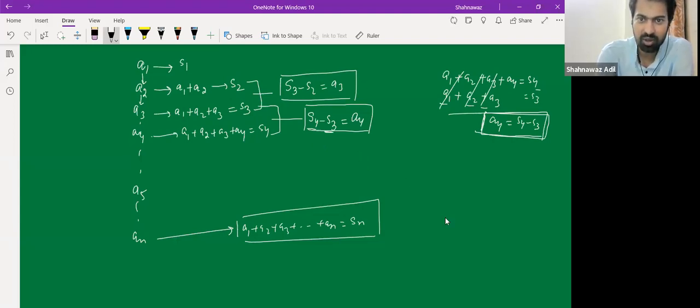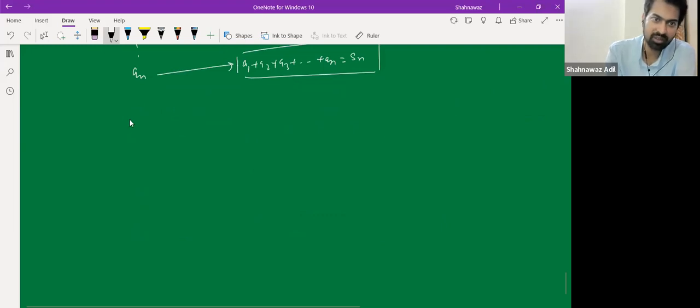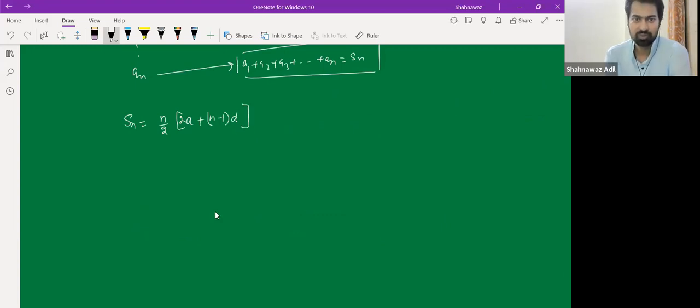And how do we write Sn? Sn is equal to n by 2 into 2a plus n minus 1 into d. So this is the formula for Sn. We have three formulas in AP.